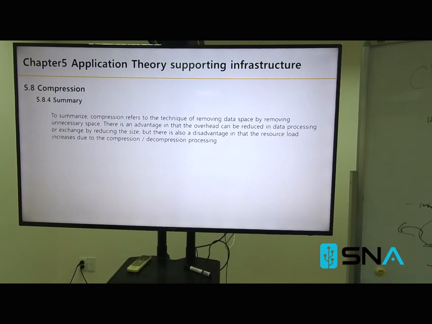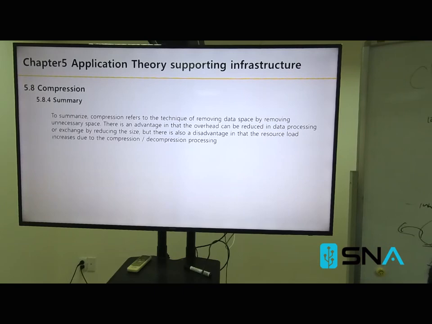To summarize, compression refers to the technique of reducing data size by removing unnecessary space. There is an advantage in that the overhead can be reduced in data processing.